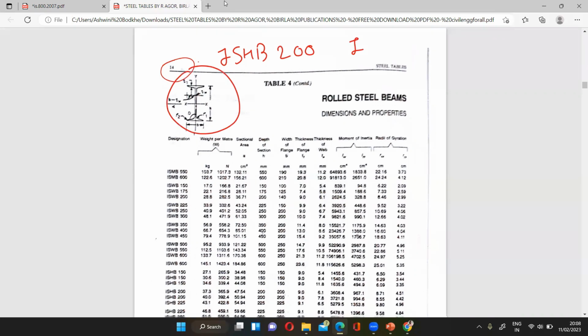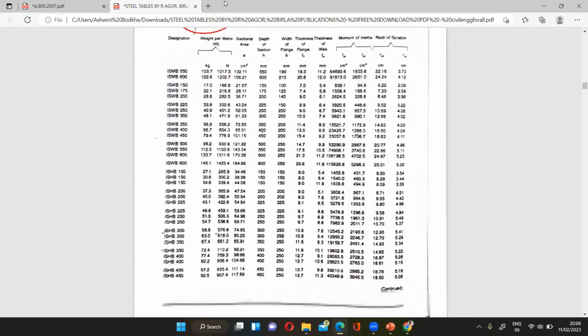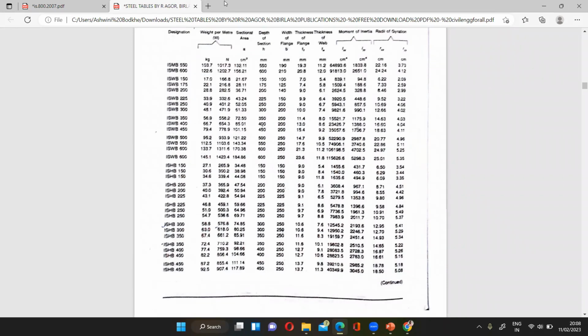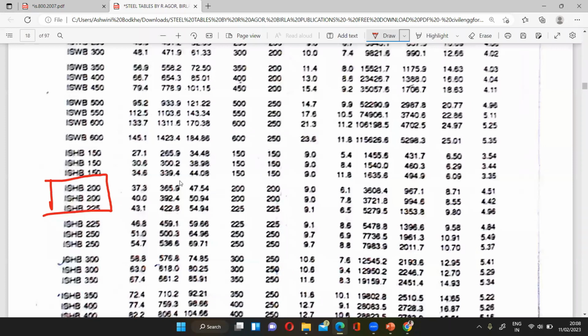Next, ISMB stands for Indian Standard Medium Weight beam. Here is Indian Standard Heavyweight beam. There are two ISHB 200 sections given in the steel table.